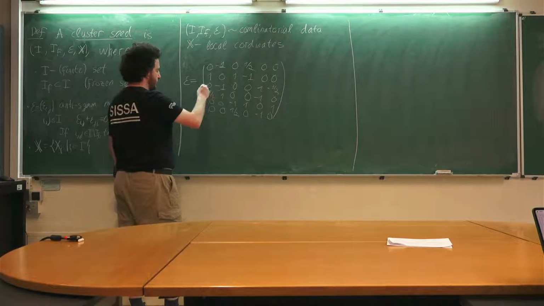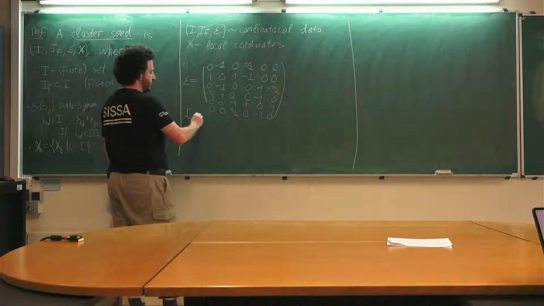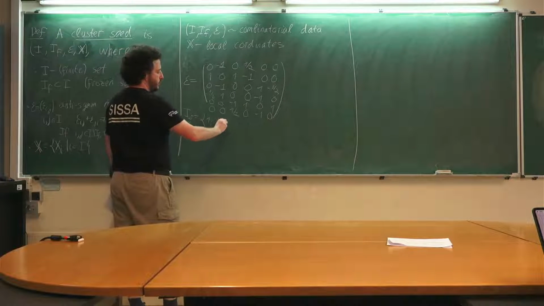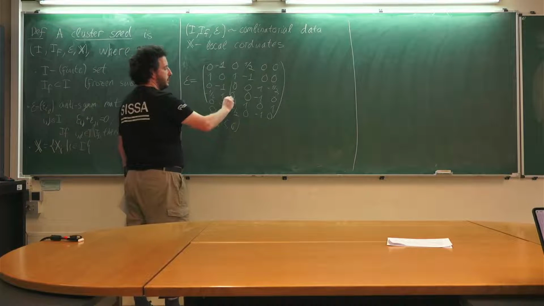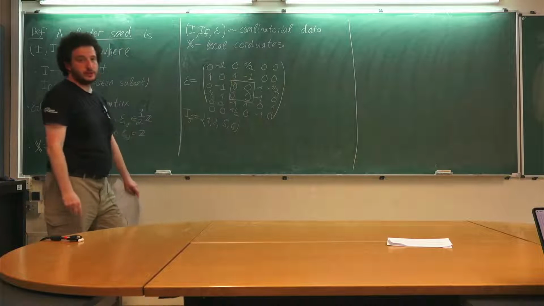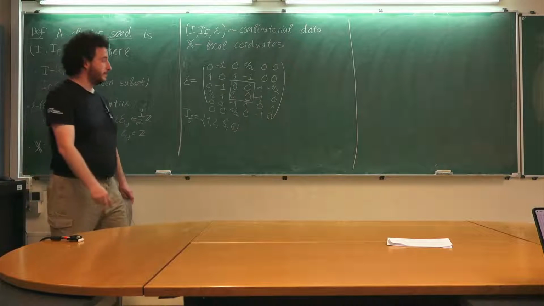I will assume that the frozen vertices are 1, 2, 5, and 6. So in the unfrozen part, we have no half integer values, so the condition is satisfied.